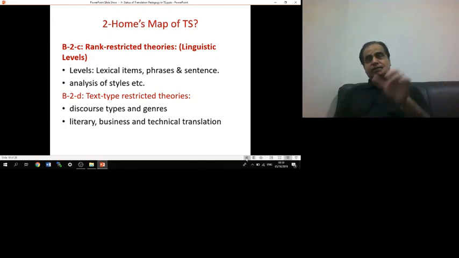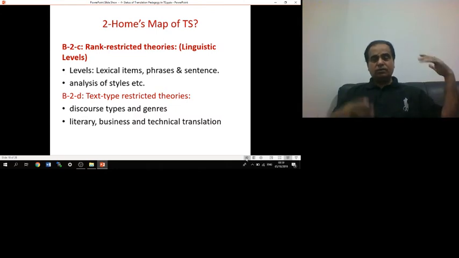And theories related to literary texts are naturally different from the theory related to medical texts, or media texts, or business texts, or a lot of areas of human knowledge and human experience.